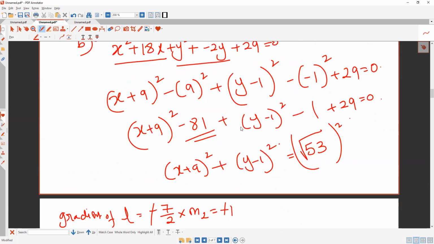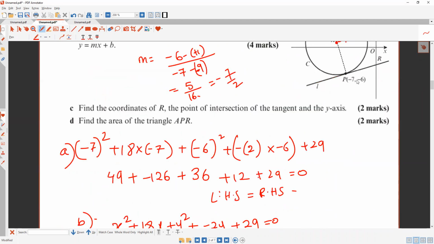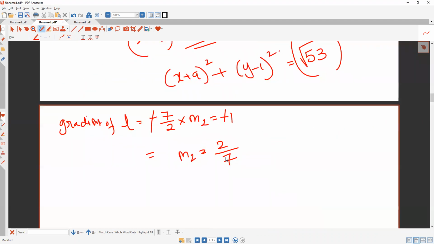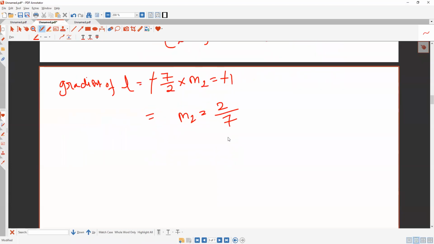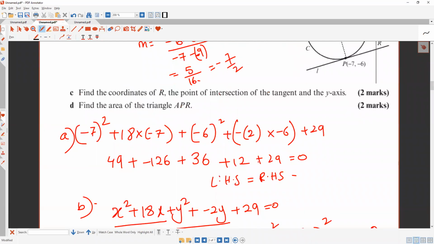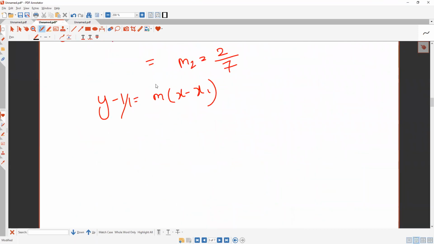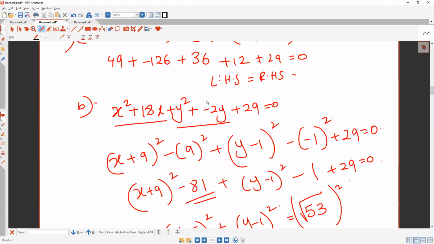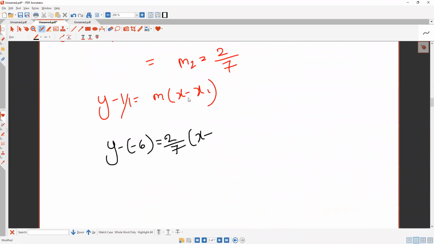Now, all of you got the coordinates, minus 7 comma minus 6. All of you got the gradient. Now you can find the equation of L very easily. Y minus y1 is equal to m x minus x1. Okay. Y minus y1, y minus of minus 6, gradient 2 by 7, x minus x1, x minus x1 will be minus 7.